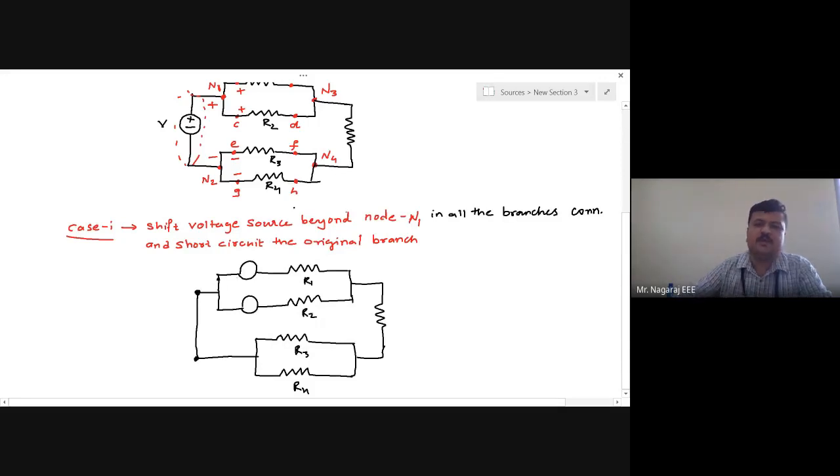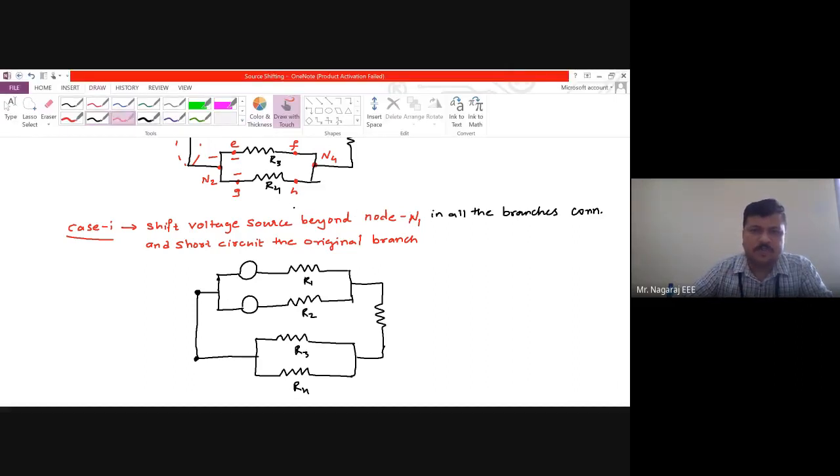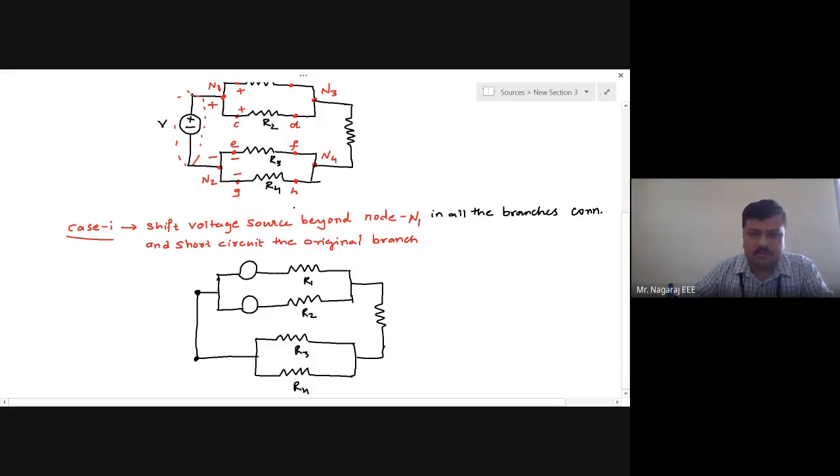So now the original polarity of R1, this is A, which is positive. This is C, which is positive. This is E, which is negative. This is G, which is negative.